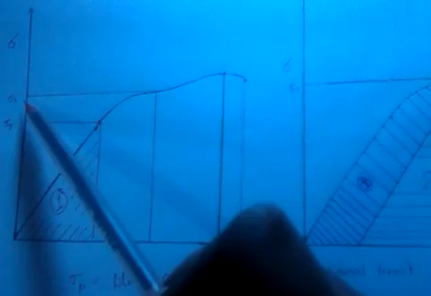Over here we are working on this point, which corresponds to this point in the previous graph. This point no longer corresponds to the proportional limit. It is beyond the proportional limit, which had to be somewhere over here.